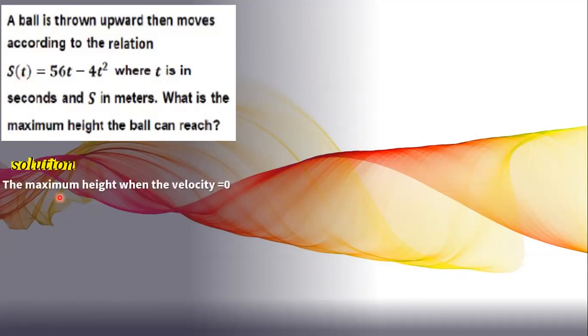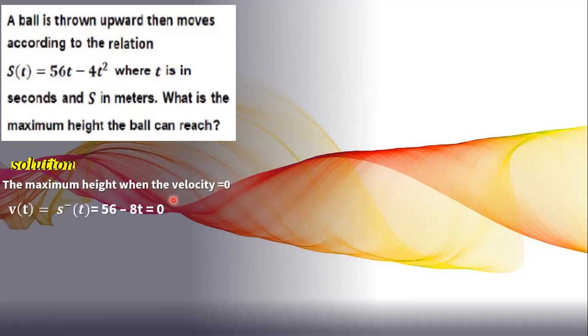So the maximum height occurs when the velocity equals 0, because when you throw any ball upward, it moves up, slowly slows and stops, then reverses its direction. So when it reaches the highest height, the velocity equals 0.